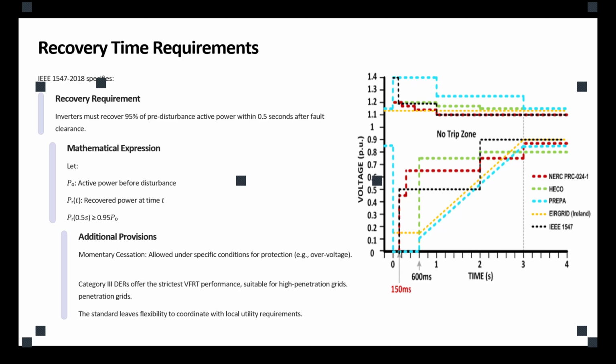With the same logic that we mandate the resources to contribute to the fault and not disconnect, we say, okay, now that the fault is cleared, we are going to come back to the regular situation. You don't need to come back instantly.